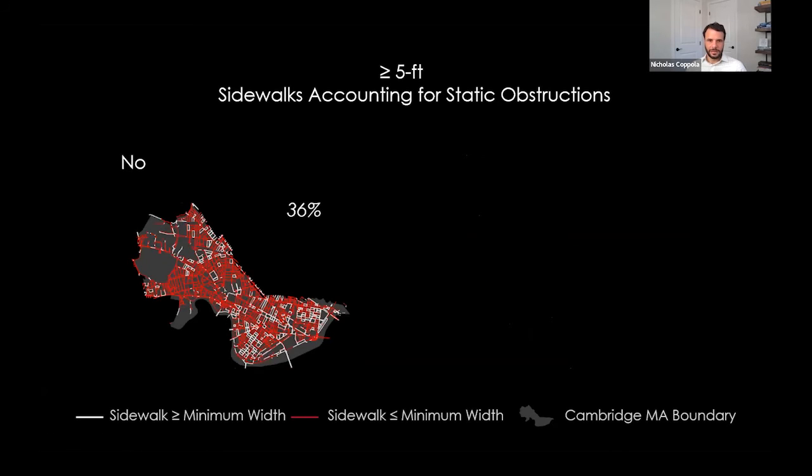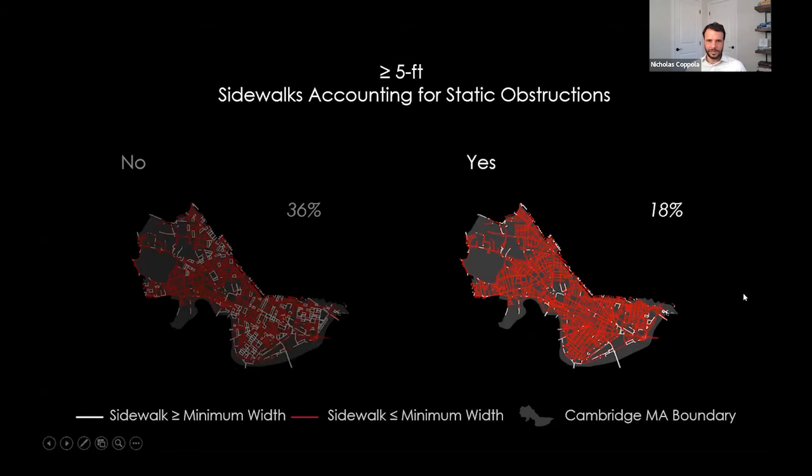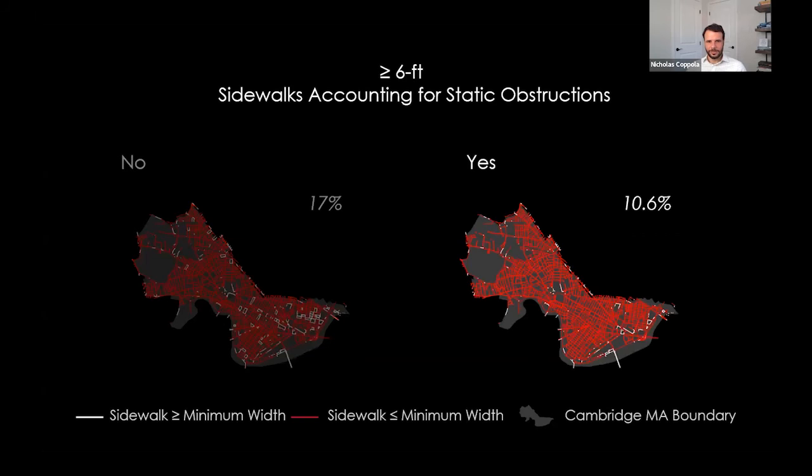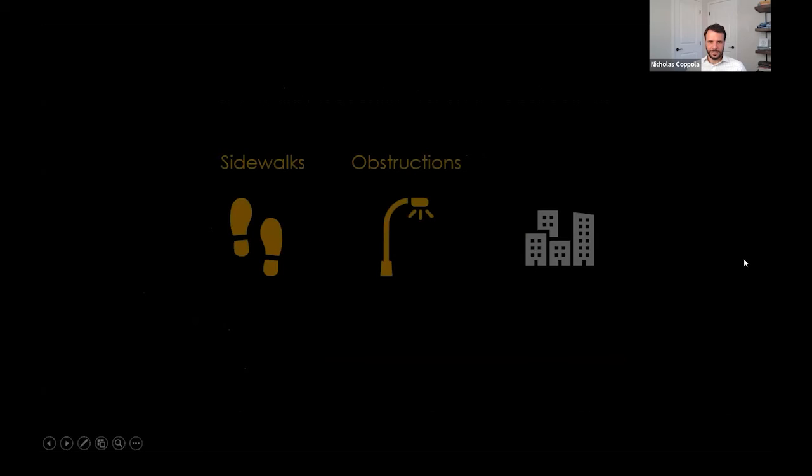At 5 feet, it's 36% without obstructions and 18% with obstructions, which is almost a 50% difference. At 6 feet, without static obstructions we were at 17%, and with static obstructions just about 11%. That's a 39% difference. So we basically found that static obstructions account for a considerable difference in sidewalk width.